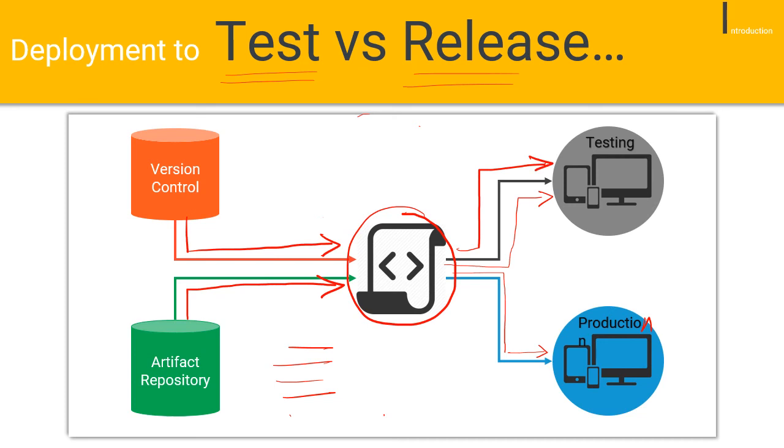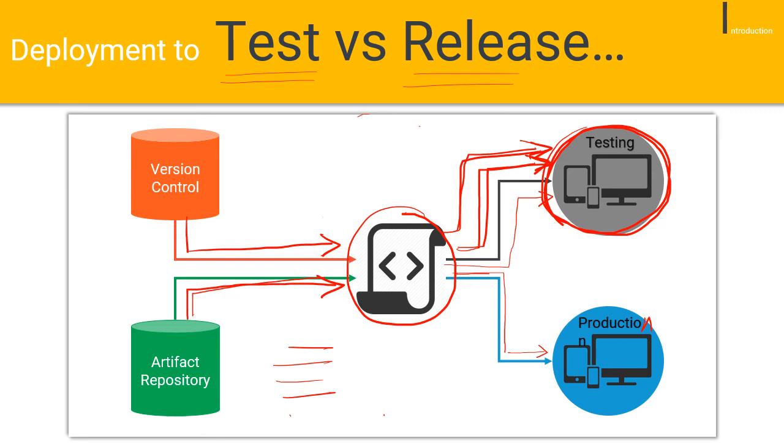It installs the binaries and then it configures the system using the data it receives from these two, and then the system is made ready for testing, right? Is that clear?